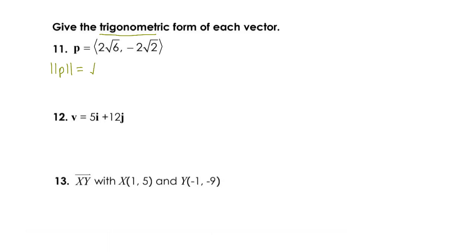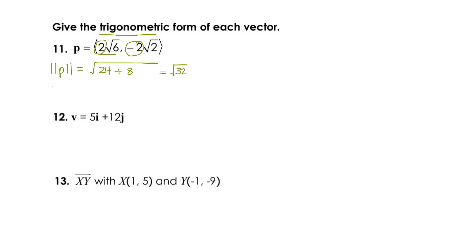And so that's going to be the square root of 2 root 6 all squared. So that's going to be 4 times 6. So that's going to give us 24. Plus, and then here square this one, that's going to be 4 times 2, which is 8. So the magnitude here is going to be the square root of 32.